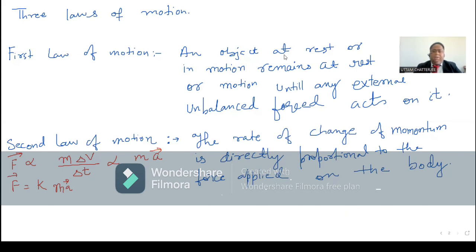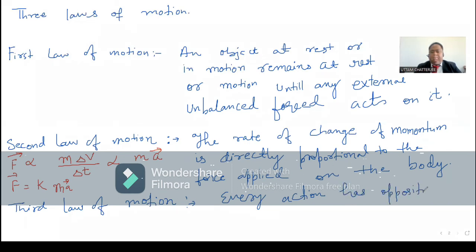The third law of motion says every action has an opposite and equal reaction.